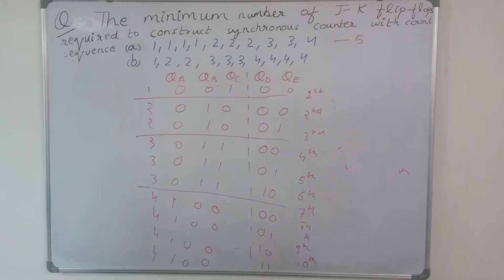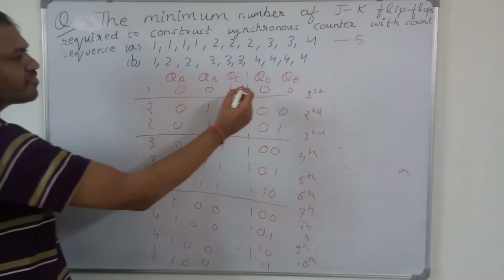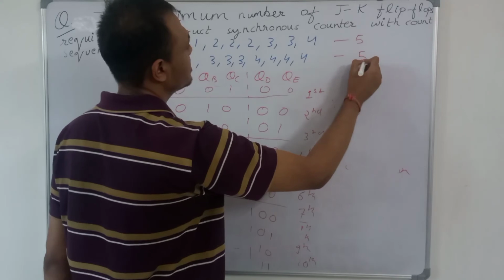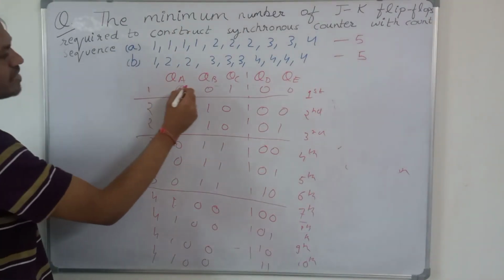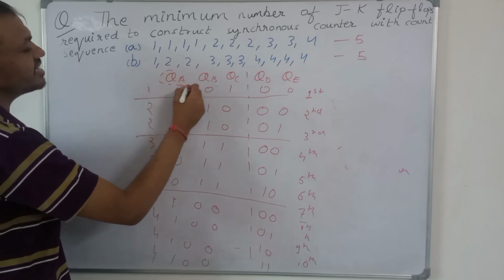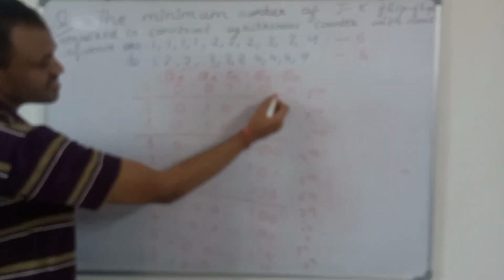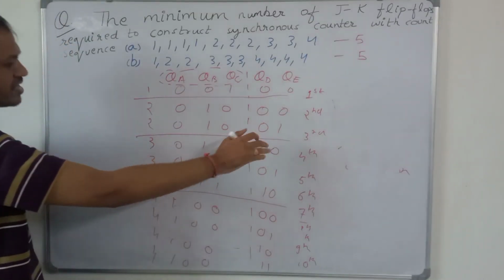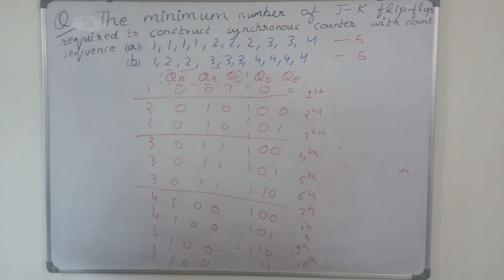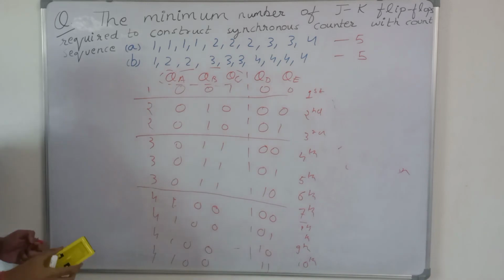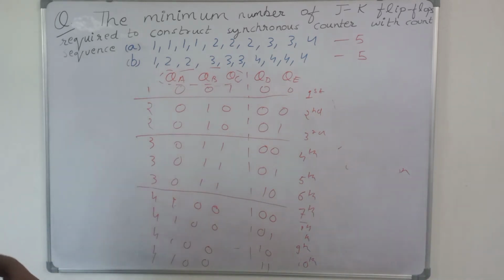So this is why we have to use 5 flip-flops in this sequence as well. Again for the output we will only consider these 3 flip-flops. These 2 flip-flops are only used to differentiate between the repetition of any number. So this is how we need 5 flip-flops for these two sequences.